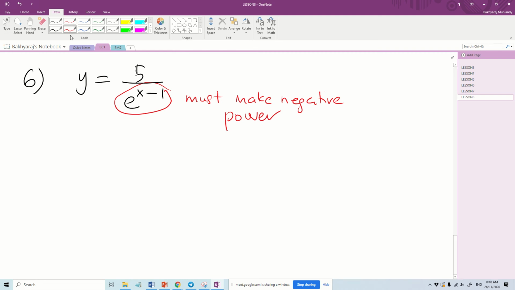Okay, so you get y equal 5 exponent, you put negative bracket x minus 1. Okay, so you get y equal 5 exponent negative x plus 1.